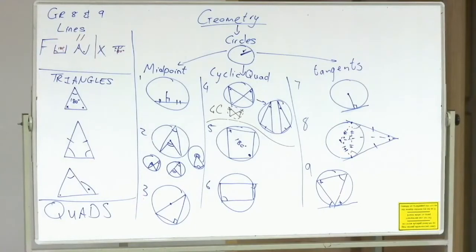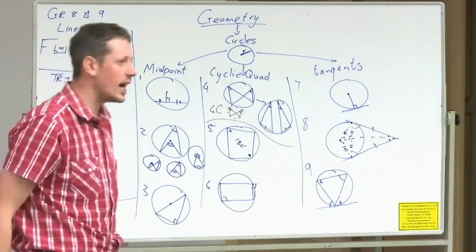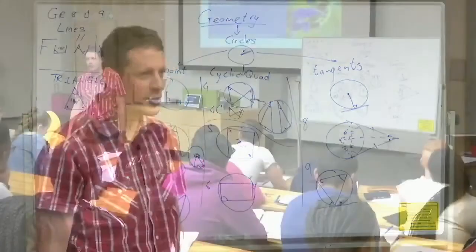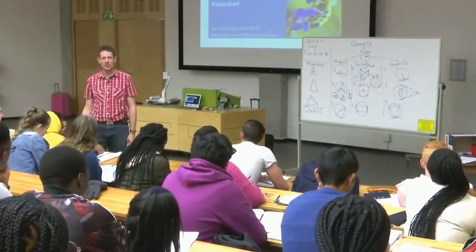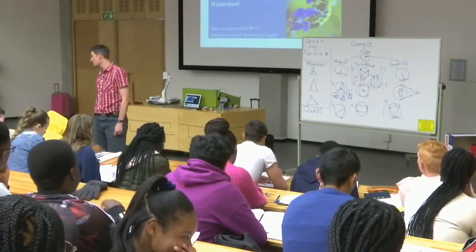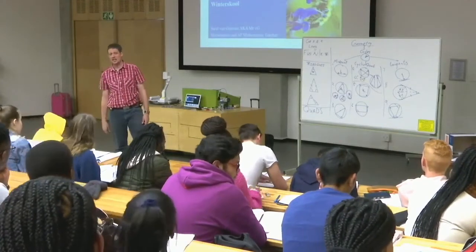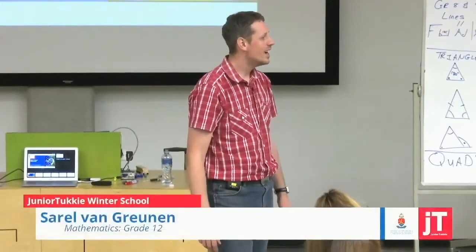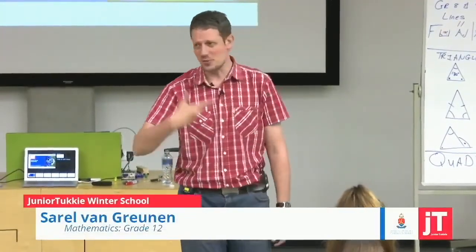Now please don't be that idiot, and I'm saying that with a lot of respect, where on the sketch the quadrilateral doesn't lie in a circle and they ask you to prove it's cyclic and you go, it doesn't lie in a circle so it can't be cyclic. I really have had that in the past. I just want to smack that kid because then I know the kid didn't study at all. They're just trying to be funny. Guys, if we say prove something is cyclic, it means that I could draw a circle around it.